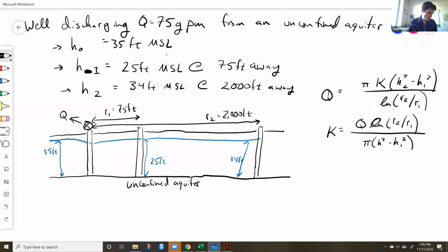One thing to note is that I gave you a flow rate in gallons per minute. And off the top of my head, how many gallons per minute are in a cubic foot per second? Is it 484? No. Yeah, 448. There we go.